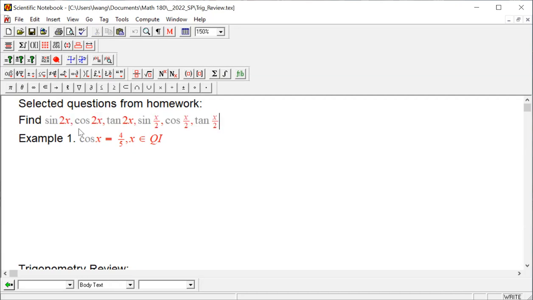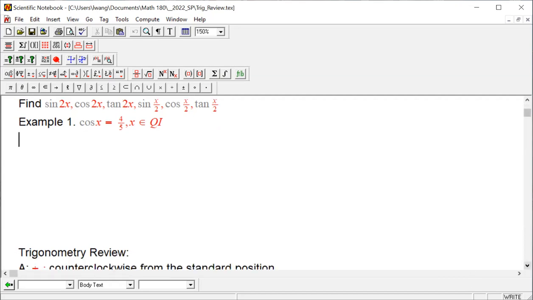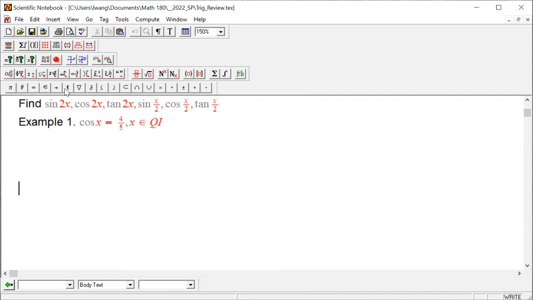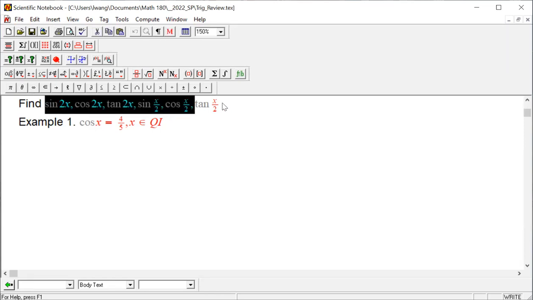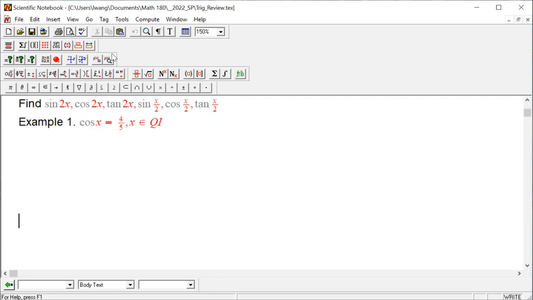So, double angles and half angles. First of all, you may like to have the formula sheet next to you, or you may also remember the formulas. We're going to put that on the side. Sine 2x equals 2 times sine x cosine x, and cosine 2x has 3 formulas.